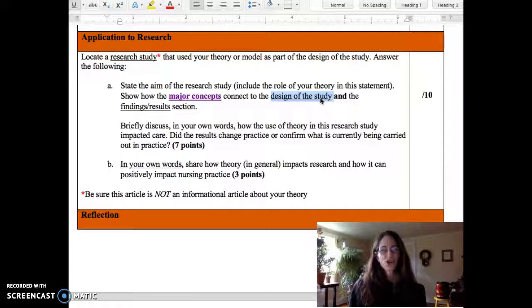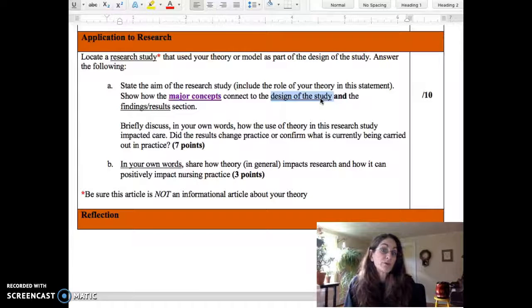Okay? So the best way to really know if you are using your concept well is if you read that section, do you see the concepts from the theory description section in there, right? Or does it just sound like the research study? Have you simply described the research study and there's really nothing there that tells me that the theory was part of the design?